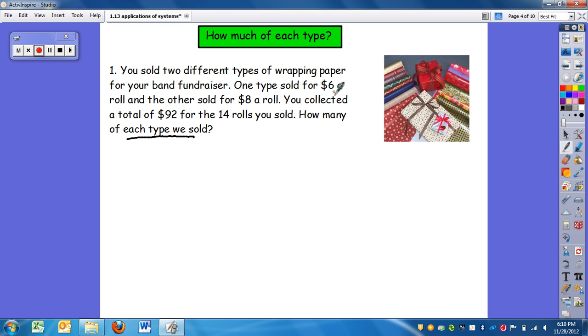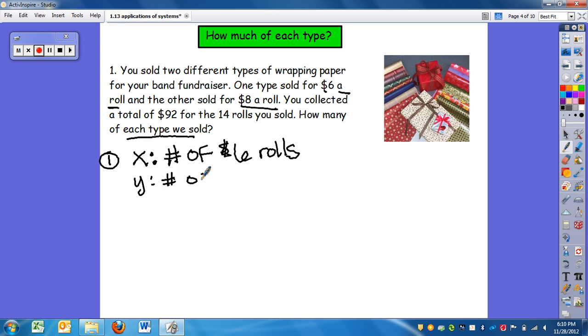Well, we have two types. We have a $6 roll and we have an $8 roll. And we don't know how many of each. So in step 1, we have to define our variables. I'm going to say x represents the number of $6 rolls and y is the number of $8 rolls.